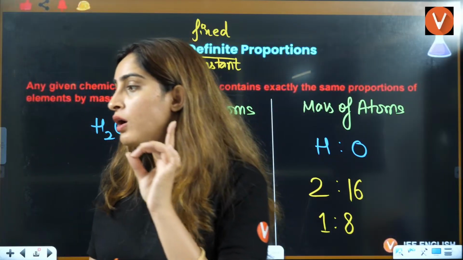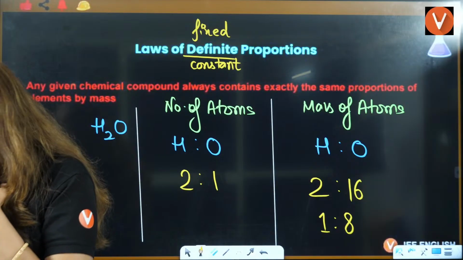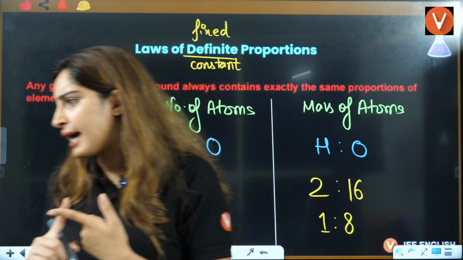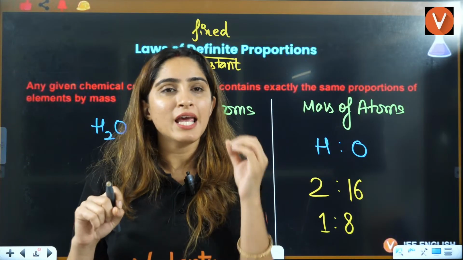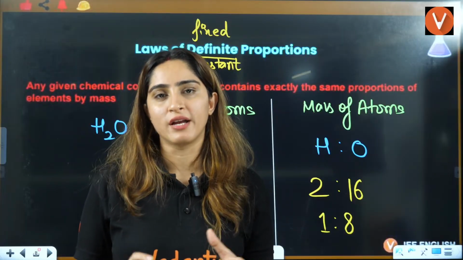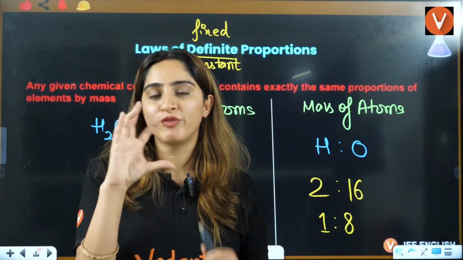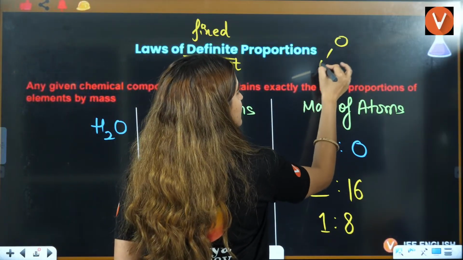Now coming to Abhijit's question. Abhijit is asking, ma'am, will impurities not affect the formula? See, impurities are different, and the formula is different. The molecule we are talking about, it's not like the molecule of water is like this.